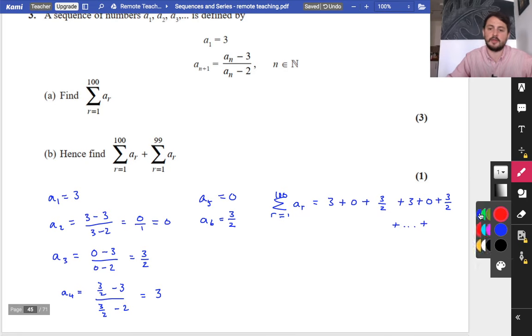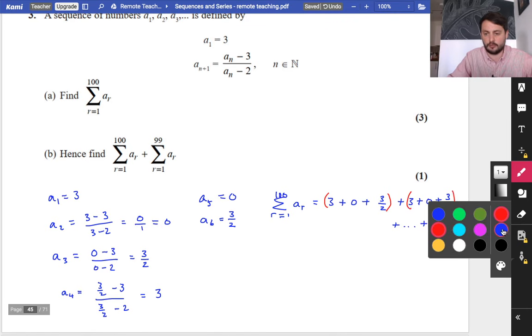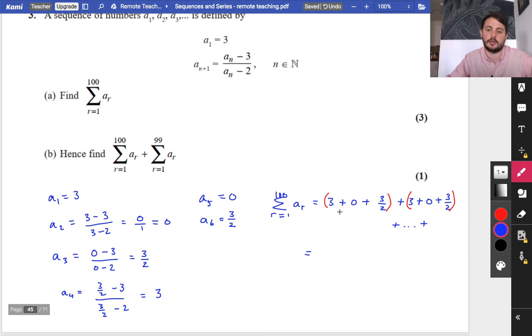Now this time we get them repeating in groups of 3. So how many groups of 3 are we going to have? Well, it's going all the way up to 100. So 100 divided by 3 is 33 and a third. So there's going to be 33 groups of 3 plus 0 plus 3 over 2, because there's 100 things here, 1, 2, 3, 4, 5, 6, all the way up to 100.